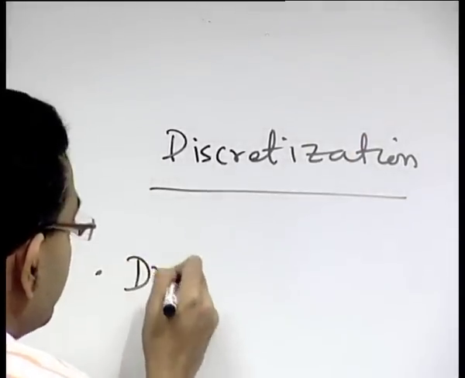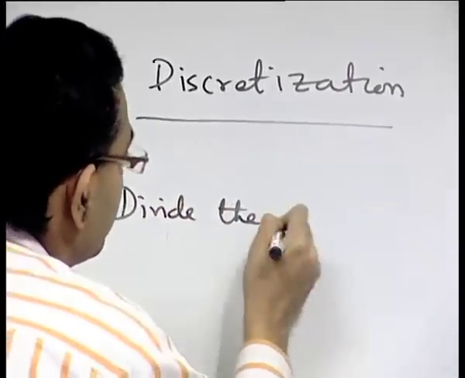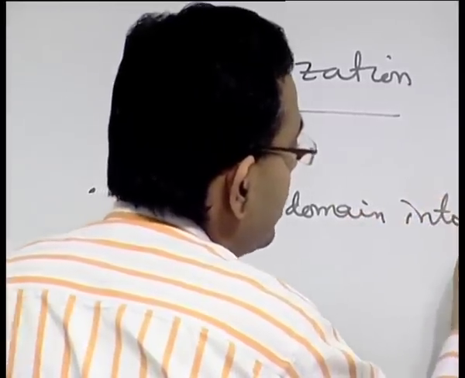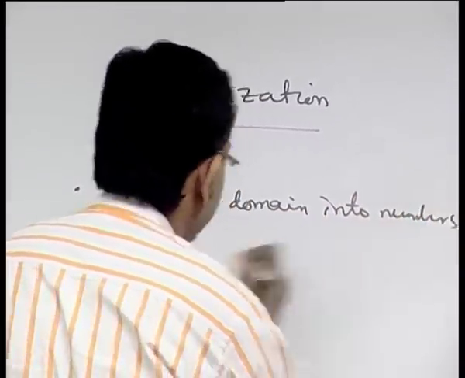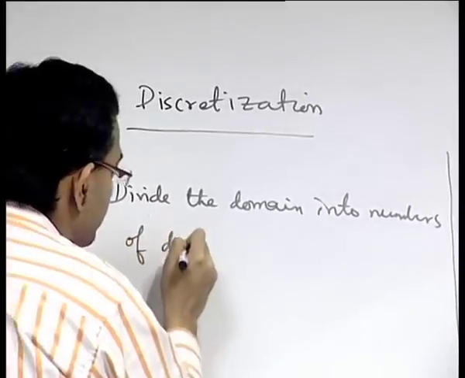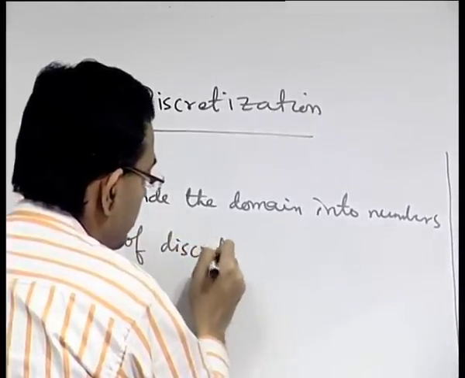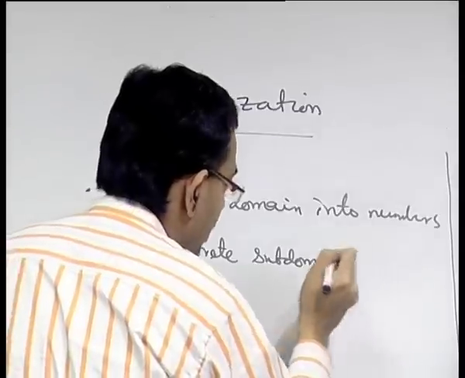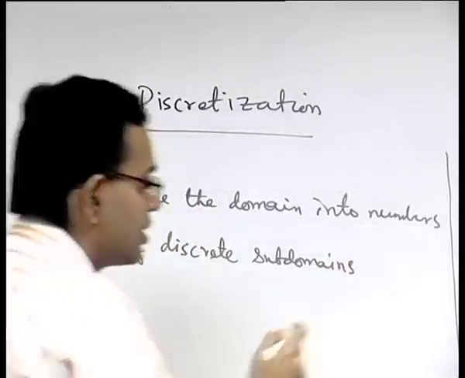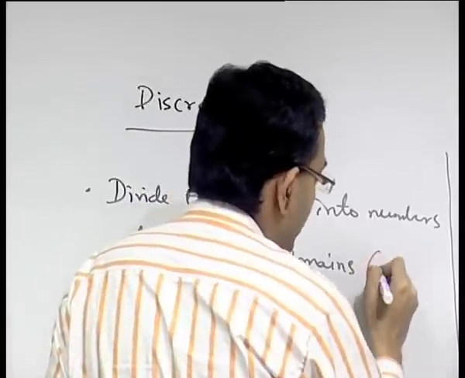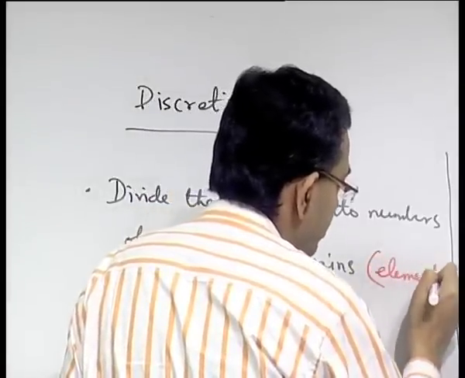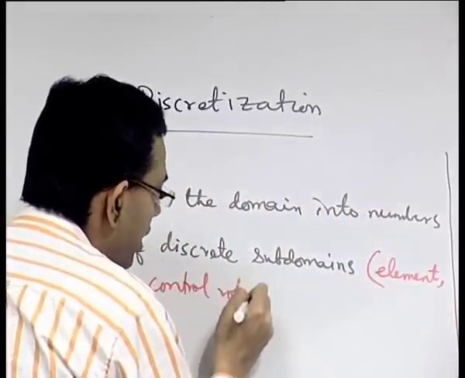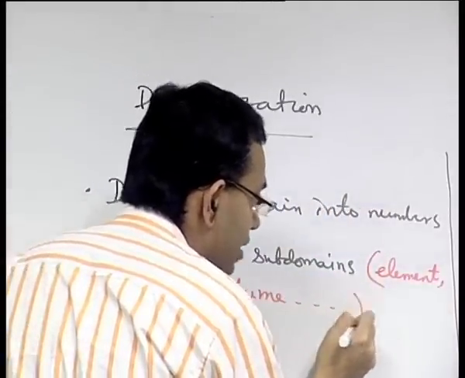Divide the domain into a number of discrete subdomains. The names of these subdomains may be element or control volume, depending on the particular method that you are choosing.